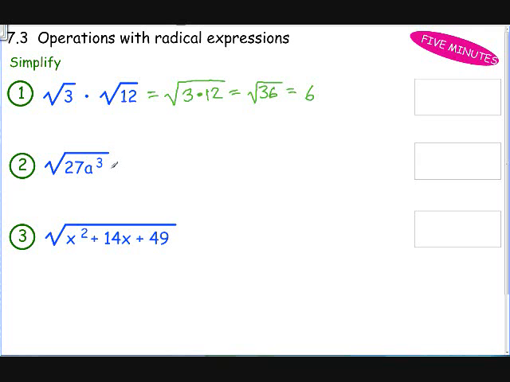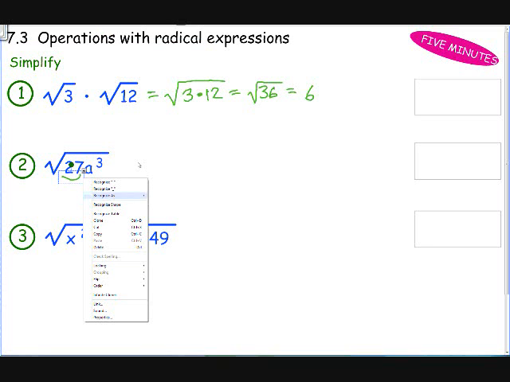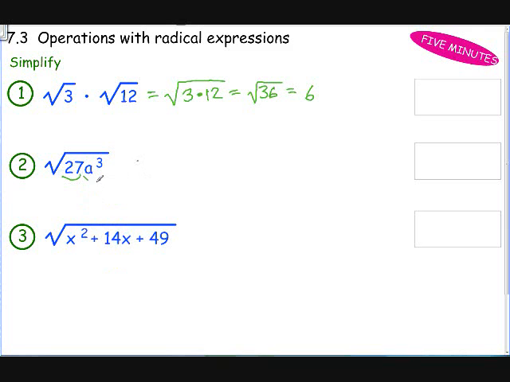Down here, I'm finding the square roots of a couple factors, 27 and a cubed, that aren't perfect squares, but they do have factors which are perfect squares.